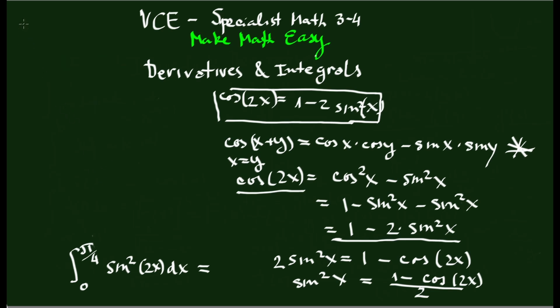What we're aiming to get the result for is the integral from 0 to pi divided by 4, pi quarters, of sine square of 2x dx.